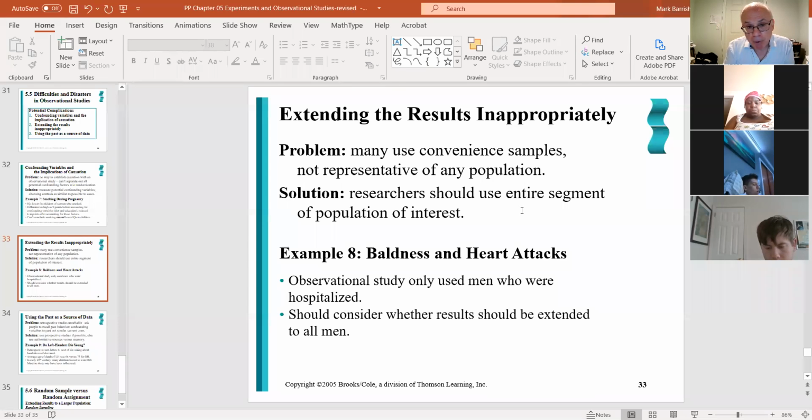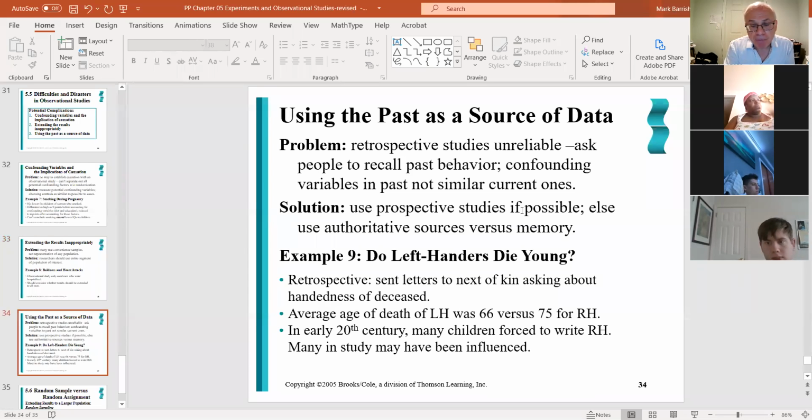If they were volunteers, you may not be able to generalize your results to the entire population. And that's the disadvantage of experiments. Many times they are volunteers that are in the experiment.